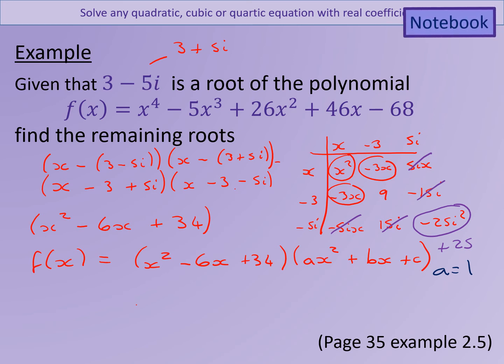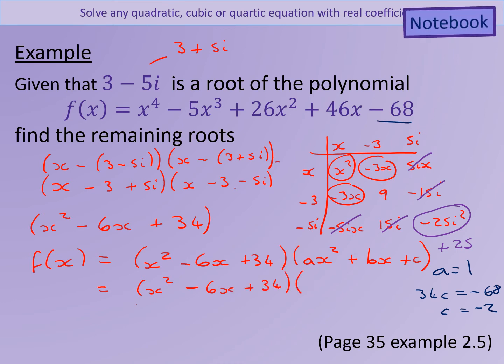And again, by inspection, we can see at the end, we need c times 34 to equal negative 68. That's the term at the end. So c must equal negative 2.